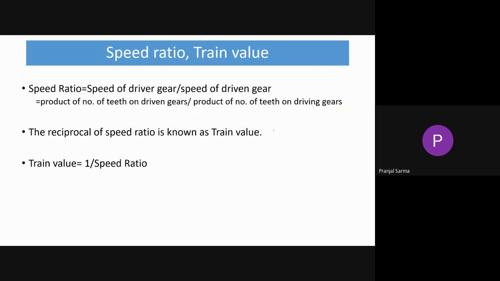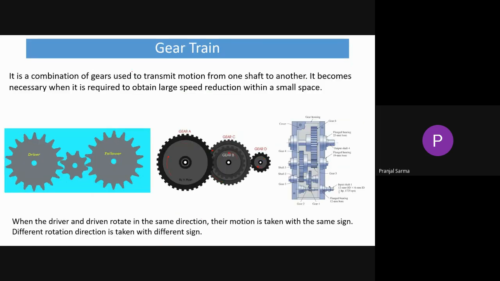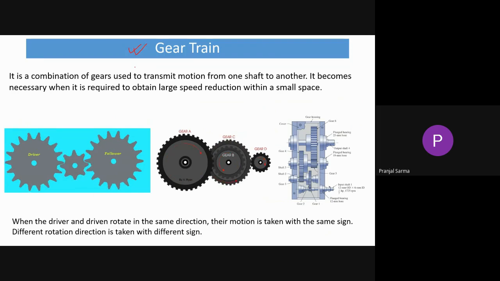So after this, the theory portion for the gear drive is over. Next we'll be solving some problems from the next class onwards. After that we'll go to the next part of that module, which is gear trains. Normal gear drives we have discussed.